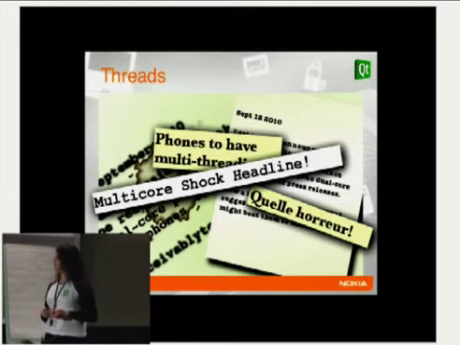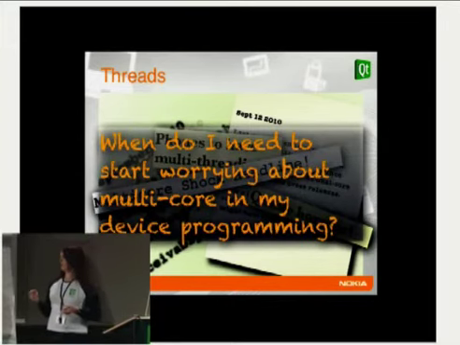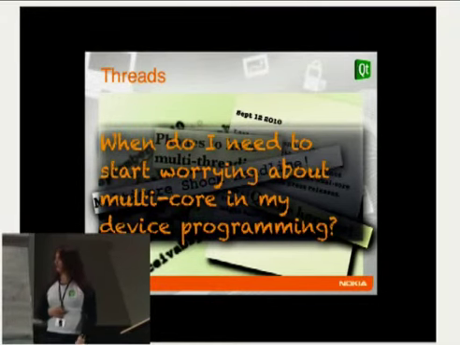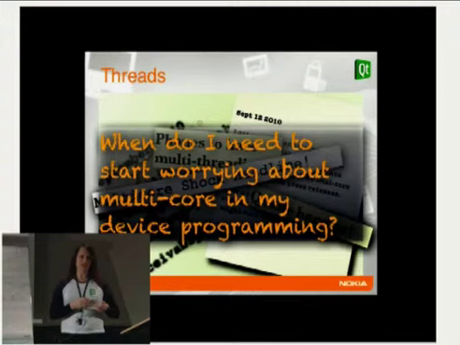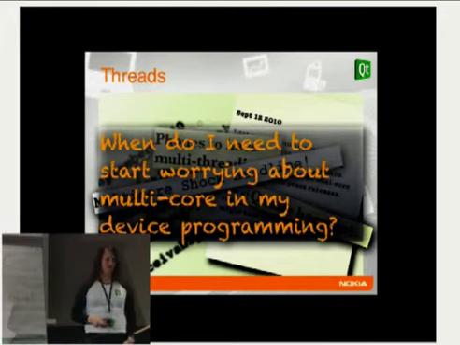Even with a single CPU there's still some value in it, but it's becoming especially important. So if you ask yourself, when do I need to start worrying about threads? Well, yesterday. It is something we can't really escape.